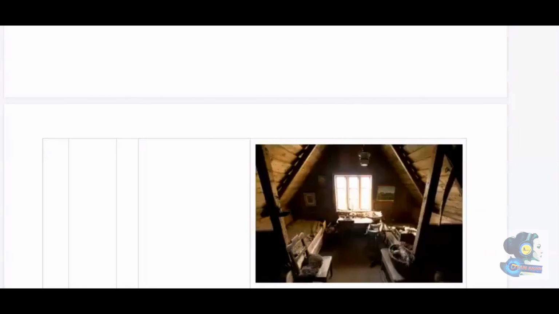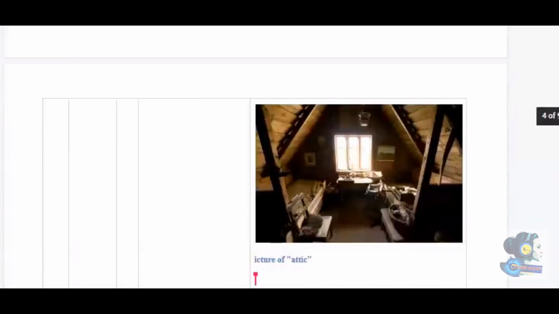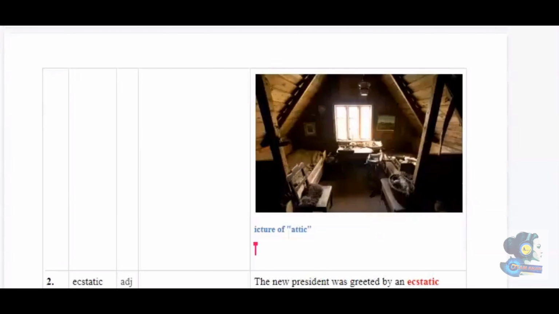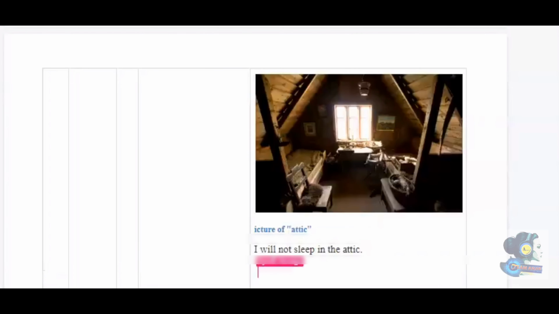Okay, yeah. So, I will give you another sample sentence using the word attic, and I'm going to type it in here. Okay, so let's say I will not sleep in the attic. Okay, can you read, please?